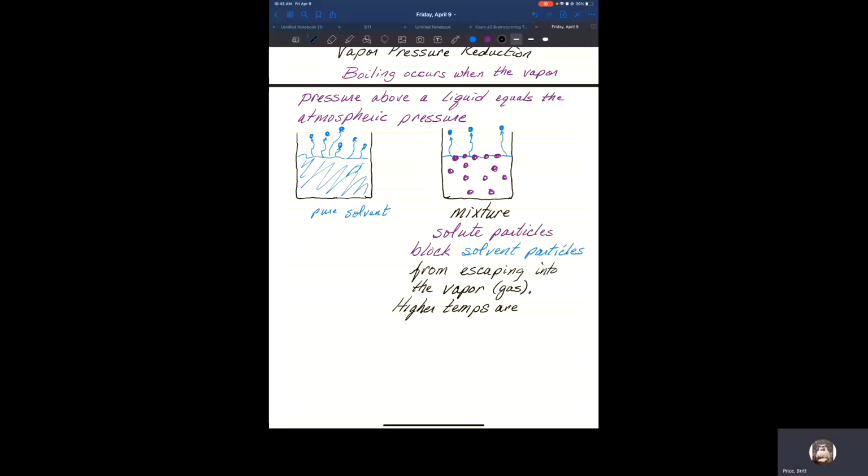So higher temperatures are needed to get to the needed vapor pressure. There we go. I like that.